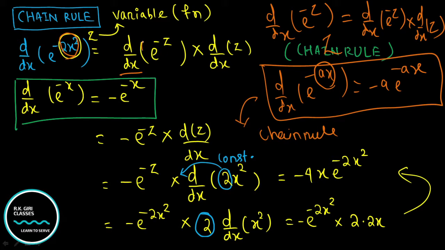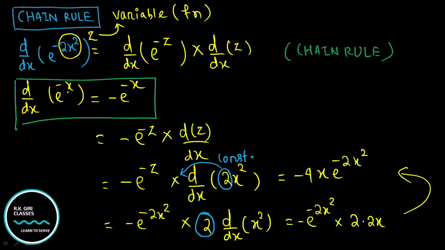Whenever you have a function inside another function, or variables here also, then you always apply the chain rule, and you know that the derivative of e to the power minus x will be minus of e to the power minus x.